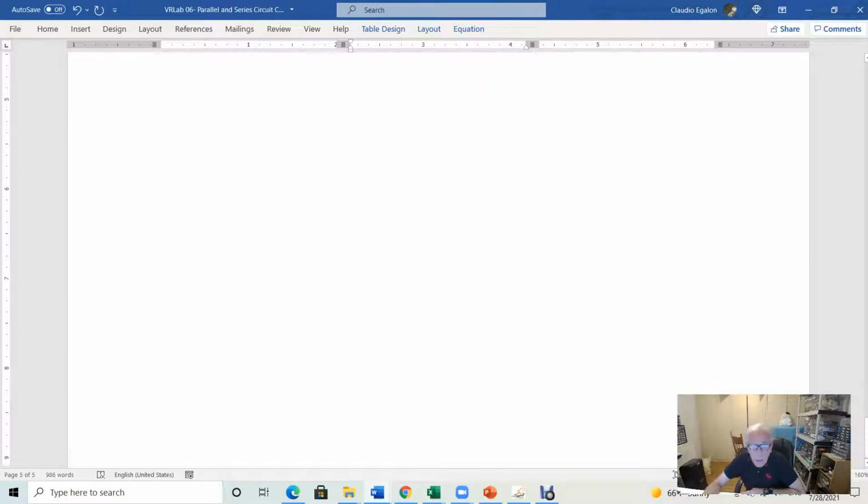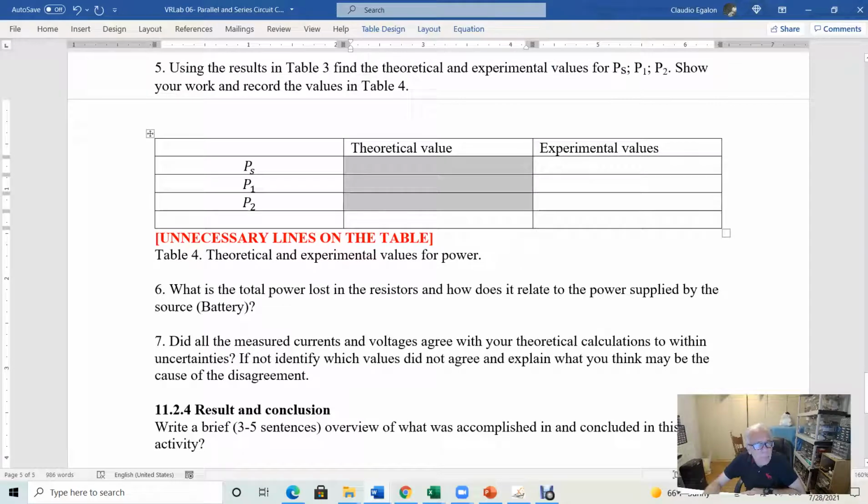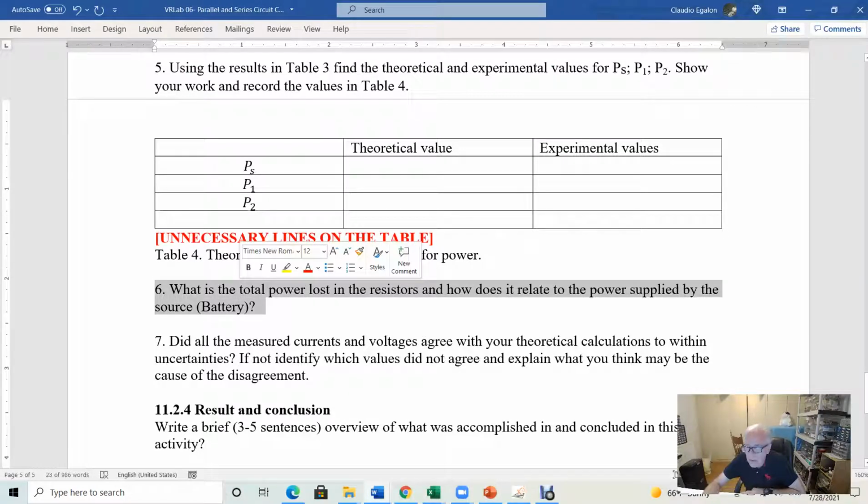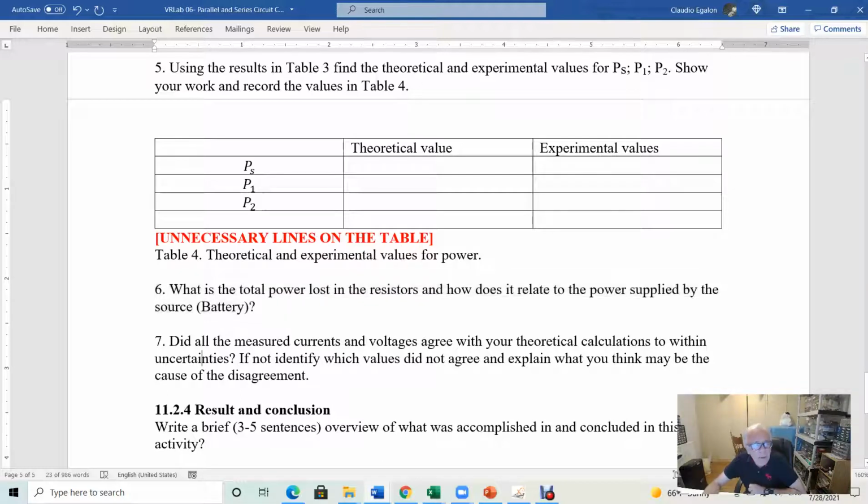Okay, so we finished here. What's the total power lost in the resistors and how does it relate to the power supplied by the source? We saw before, right? Did all measured currents and voltages agree with your theoretical calculations, considering uncertainties? Actually, they were exactly the same.